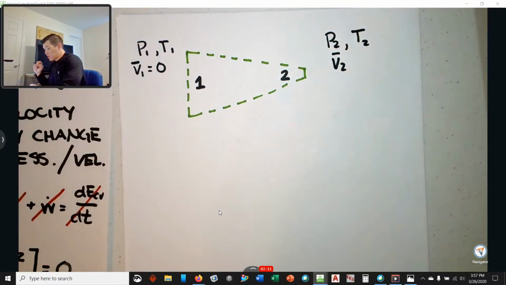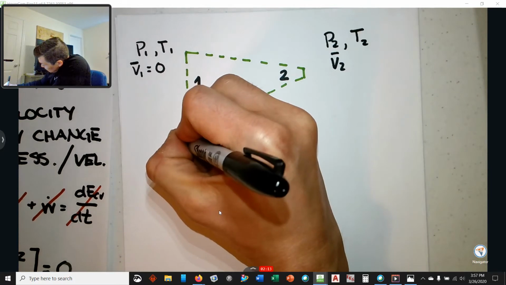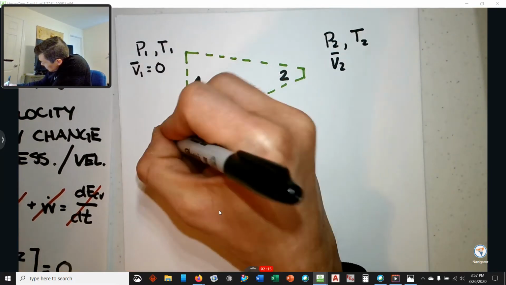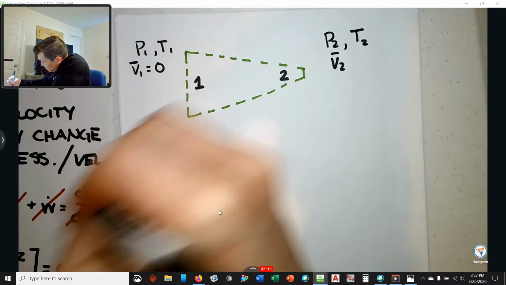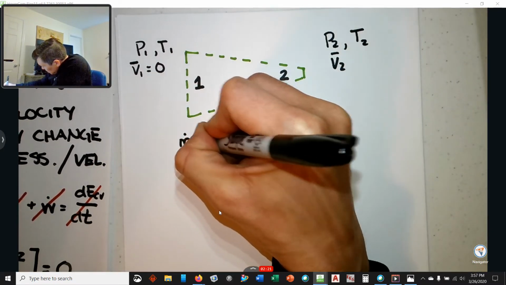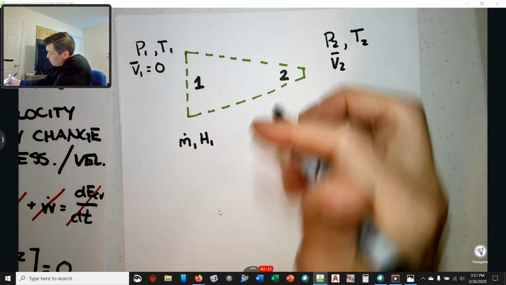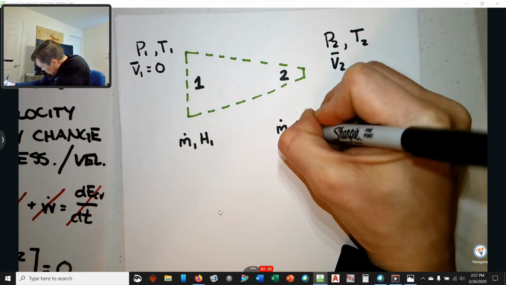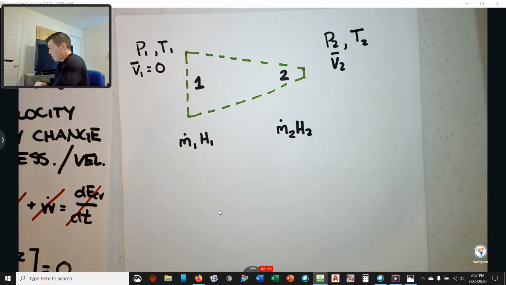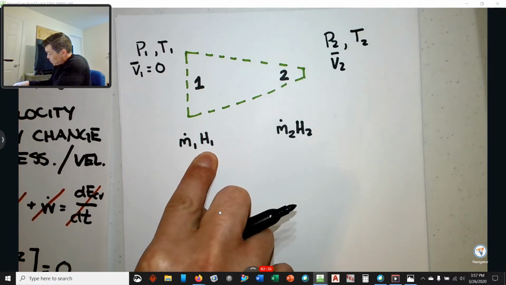So for state 1, we have delta MH, M1, H1. For state 2, we have M2, H2. For velocity, for the first state, we don't have any velocity, right?